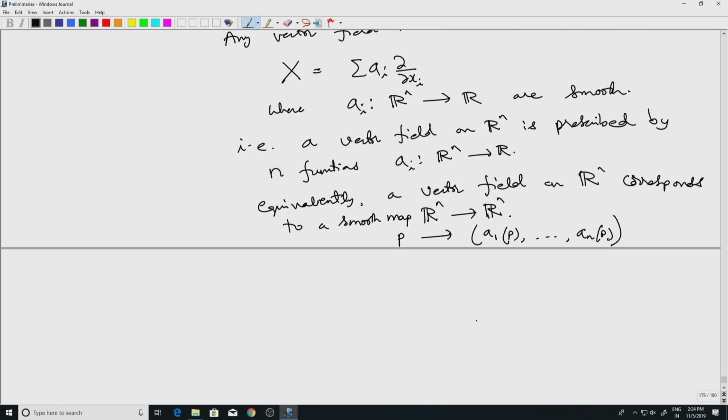All right, so this is in Rn. Now let's move to the most general case, namely any smooth manifold.